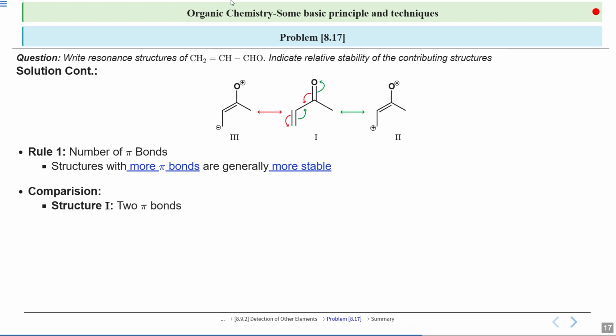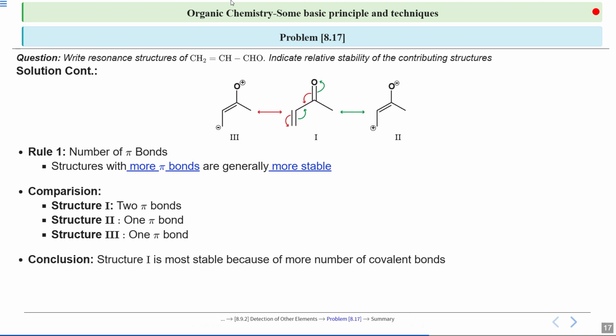In structure number 1, we have 2 pi bonds. So this is our key point because having more pi bonds often leads to greater stability. Structure number 2, on the other hand, has only 1 pi bond. This reduction in pi bonds typically results in less stability compared to structure number 1. Similarly, structure number 3 also has 1 pi bond, so it is like structure number 2, again less stable than structure number 1 due to fewer pi bonds.